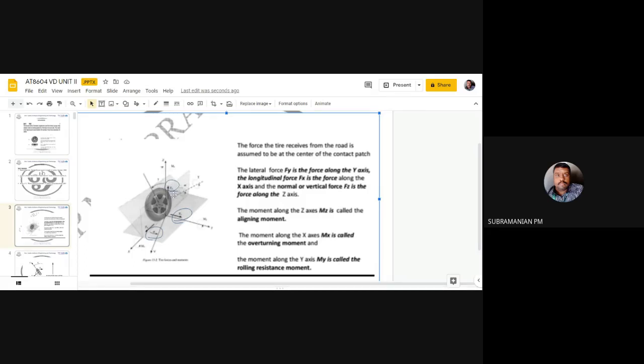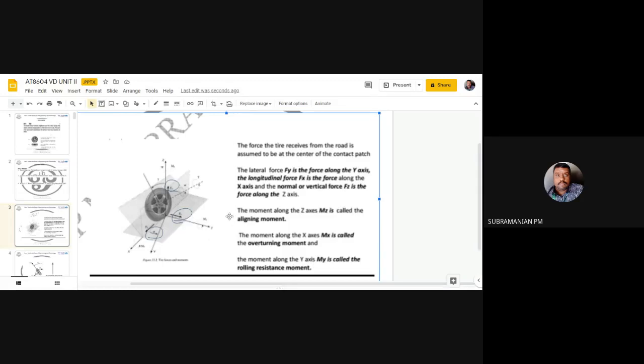You have to understand the moment about the z axis. The moment about the z axis is called the aligning moment, Mz. It will align the tire into the straight ahead position after completing a turn. Mx is the moment about the x axis, like rolling, so we can say it is the overturning moment. Then the moment about the y axis is called the rolling resistance moment.